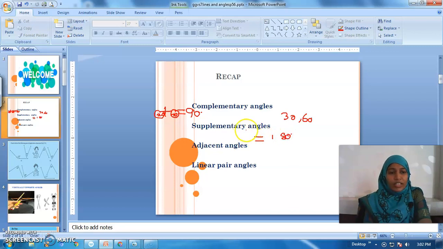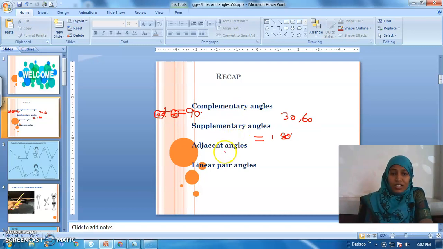Then they are called supplementary angles. Here also, they may give you two angles and ask you to check whether they are supplementary or not. The other way is to find the supplementary angle of 120 degrees. So you have to subtract 120 from 180 to get its pair. Complementary angles and supplementary angles occur in pairs.